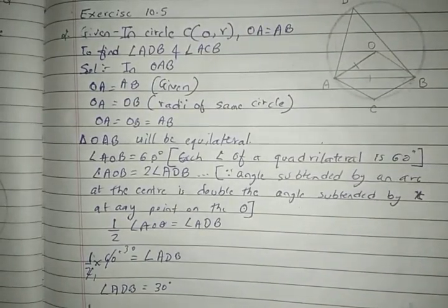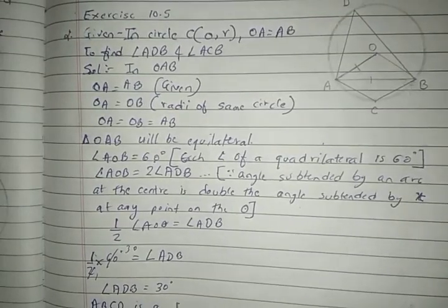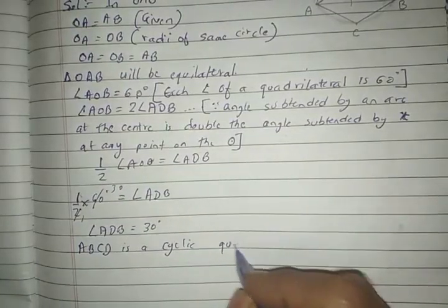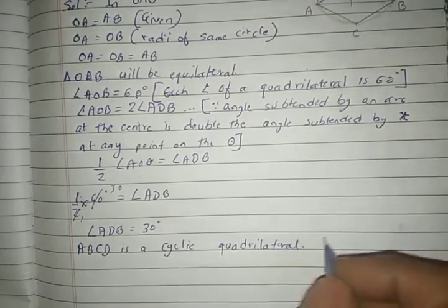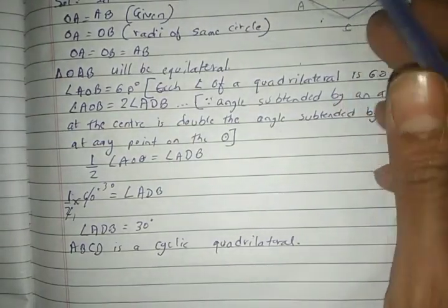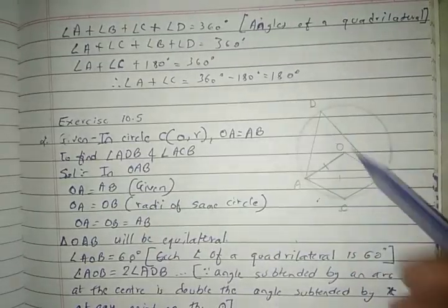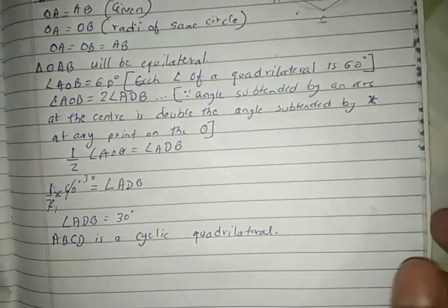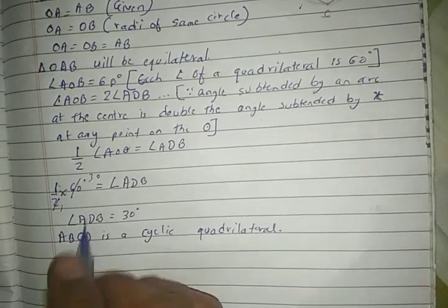So now you can say that ACBD is a cyclic quadrilateral. Now if you add these angles ACB and ADB, the sum will be 180, because in a cyclic quadrilateral opposite angles add up to 180.